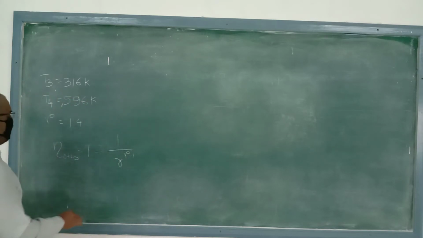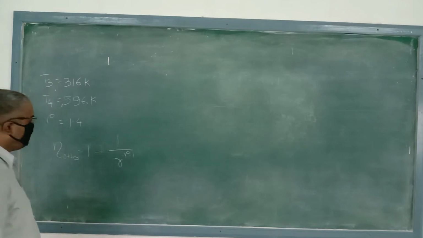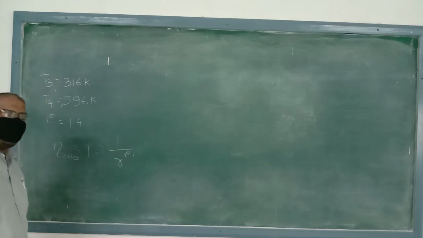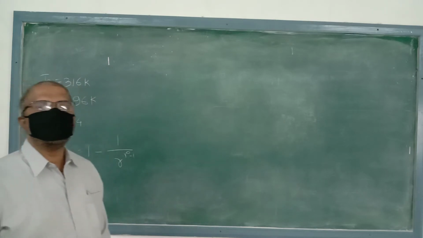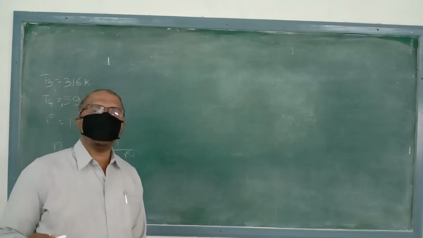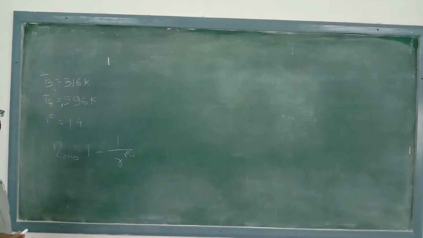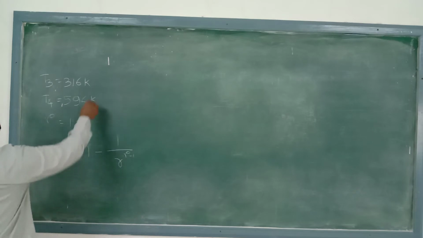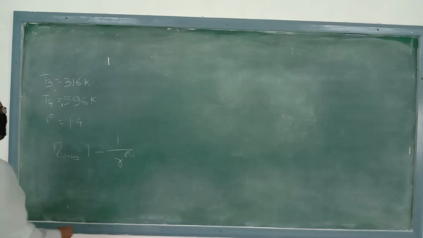In this problem, they have mentioned the value of gamma, but the value of r they have not mentioned. So we have to find the value of r, or compression ratio. So how are we going to find it? Only the temperature range of isentropic compression, the 3 to 4 process, is given.